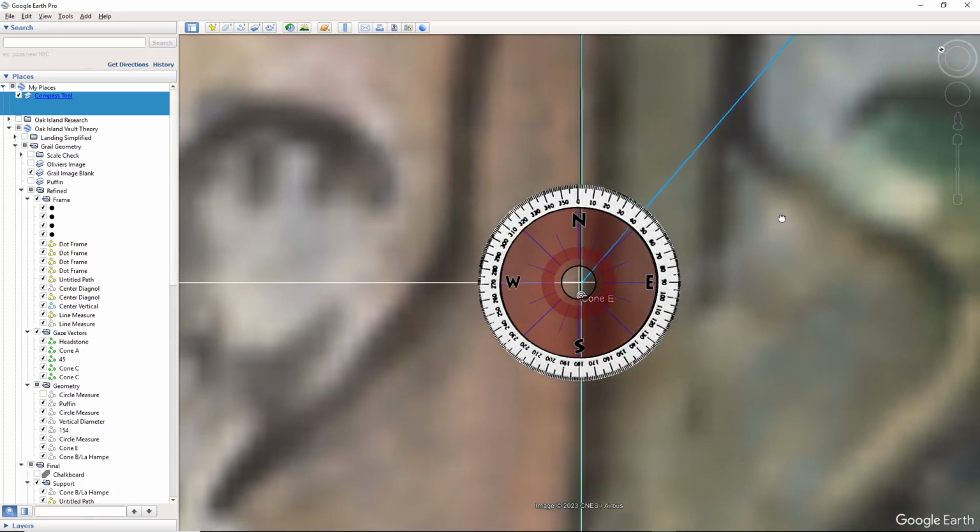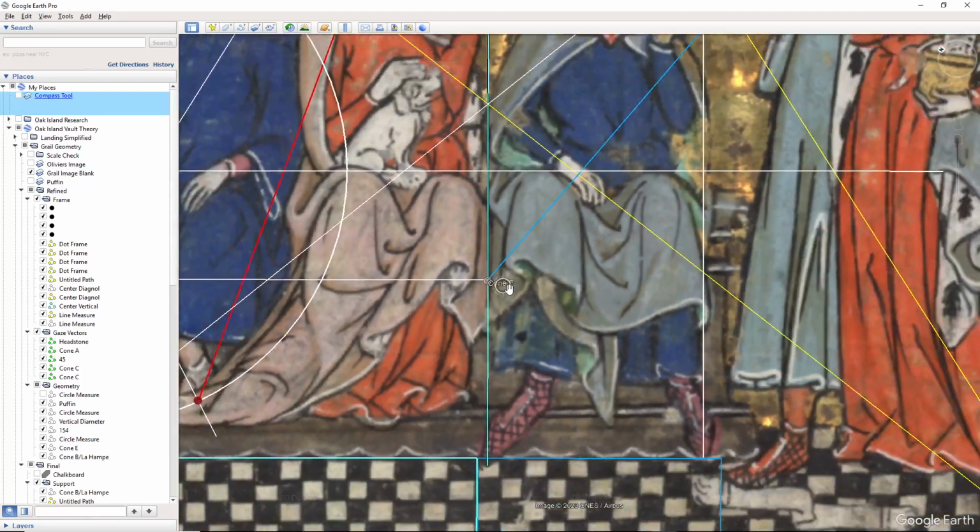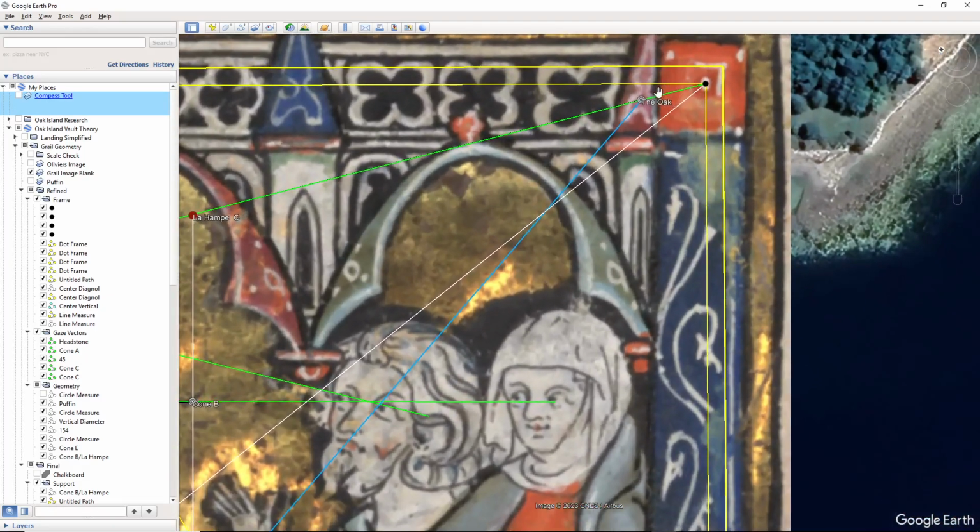But if you go right on there, you can see this is a 40-degree angle, and that 40-degree angle goes to the oak entrance, which is another thing that is on the Zena Halpern map. It's the oak. Enter here.